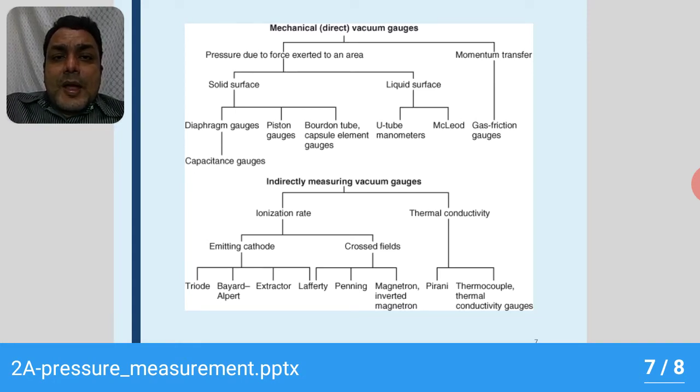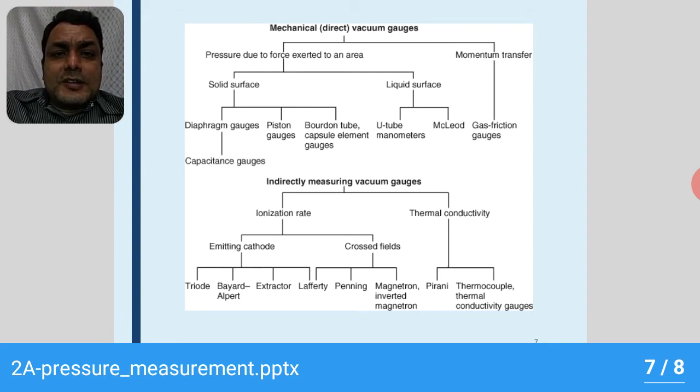It may be above atmospheric pressure, or it may be below atmospheric pressure. It may be vacuum of different ranges. Hence, different instruments are deployed in the field to measure different pressures. Hence, on the screen, we can say that there are different types of pressure measuring instruments for different pressure ranges.